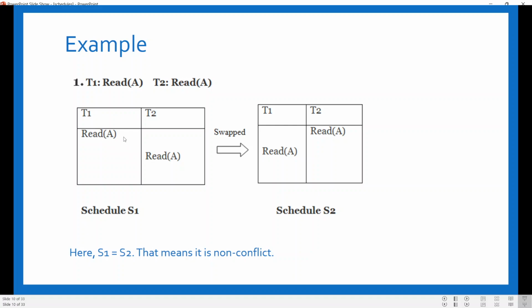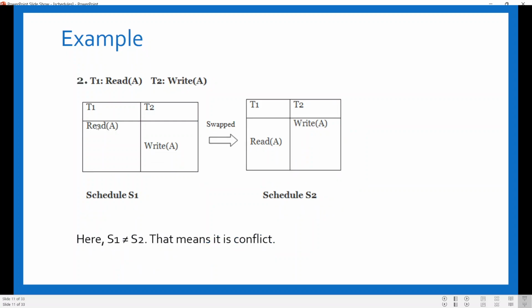So even if I swap this read and make T2 read first, there won't be any change in the final result. When I swap, T2 reads first, then T1 reads, but there is no write operation, so they are not in conflict. So schedule S1 is the same as schedule S2, because even if we swap this read, the result remains the same. So S1 is equal to S2. This means there is no conflict.